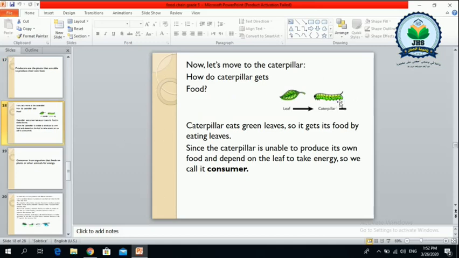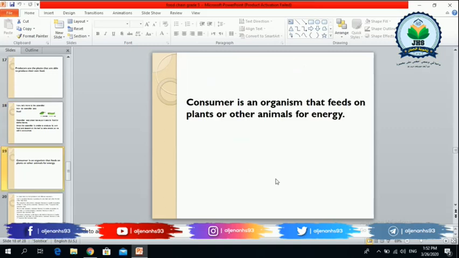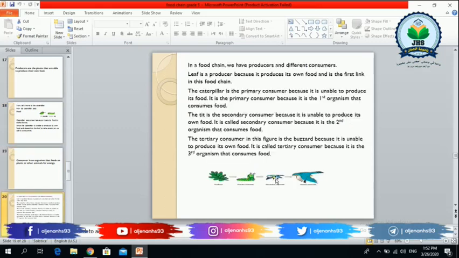How does the caterpillar get food? Caterpillar eats green leaves, so it gets its food by eating green leaves. Since the caterpillar is unable to produce its own food and depends on the leaf to take energy, we call it consumer. Consumer is an organism that feeds on plants or other animals for energy.